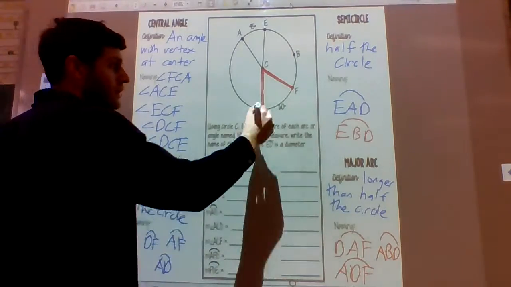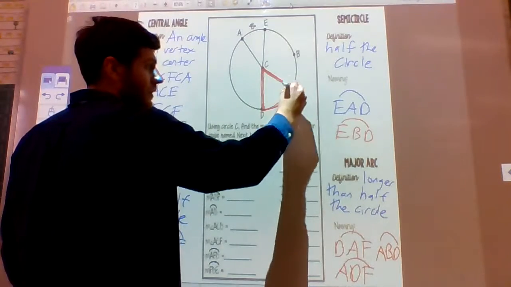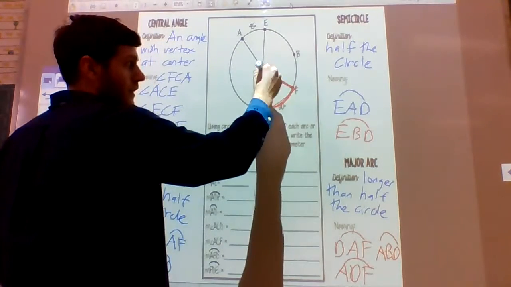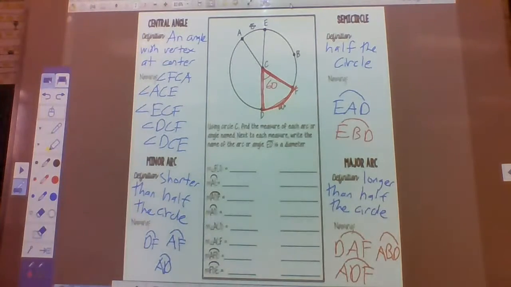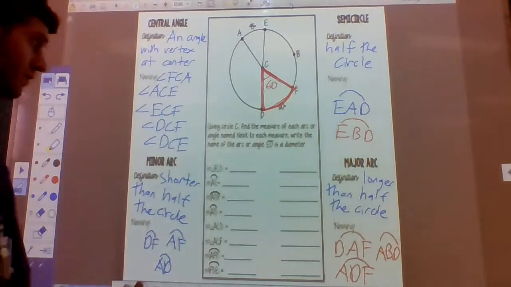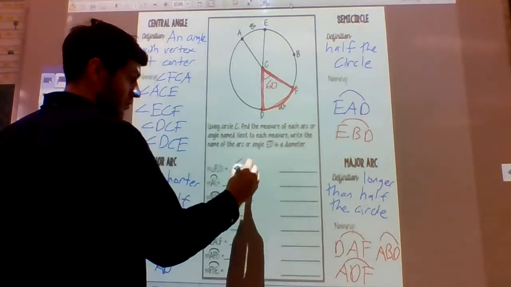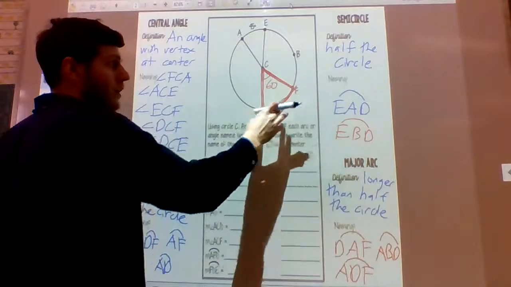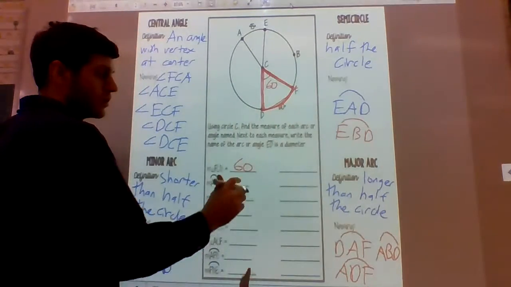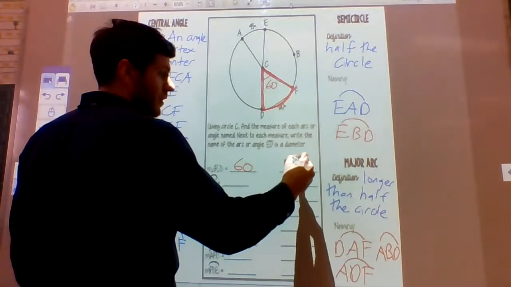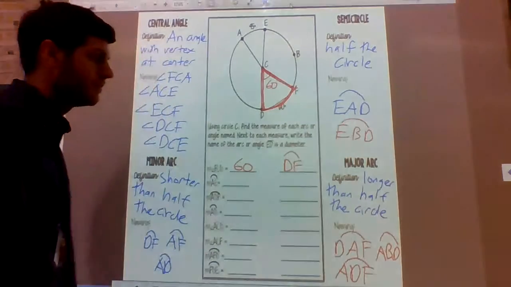Since we know the measure of arc DF is 60 degrees, the central angle is also going to be 60 degrees. So the measure of angle FCD is 60 degrees. The associated arc is DF. We're using the minor arc, so we're just using the endpoints D and F, drawing the arc line to connect them.